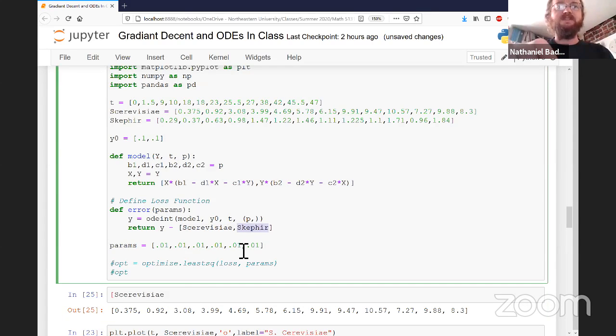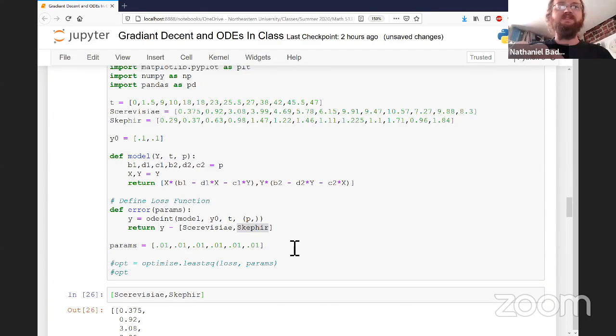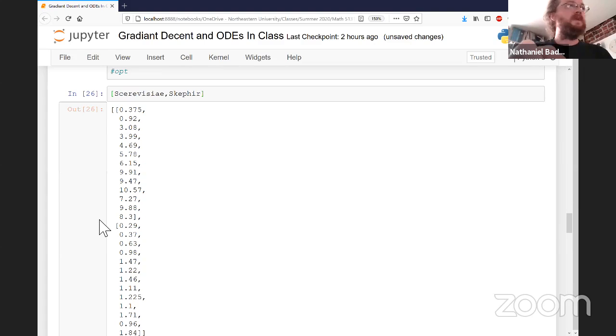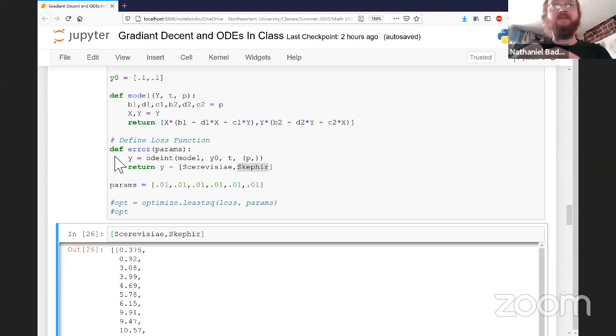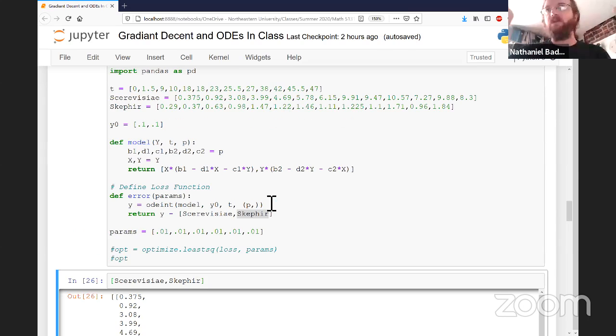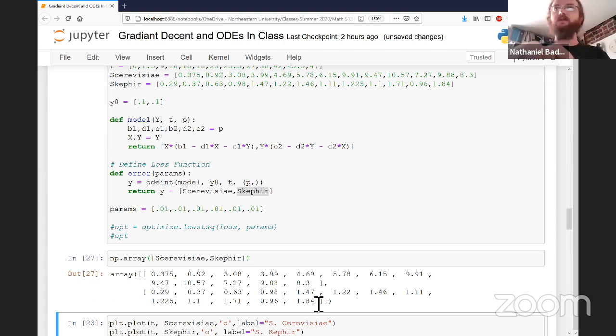We can stick these guys together into a list of lists. As a Python object, a list of lists, you can actually stick anything you want in a list. That doesn't even have to be the same data type. You can stick a word in a list in a list. And then we want to turn it into a NumPy array. There we go. So now this is a little matrix.